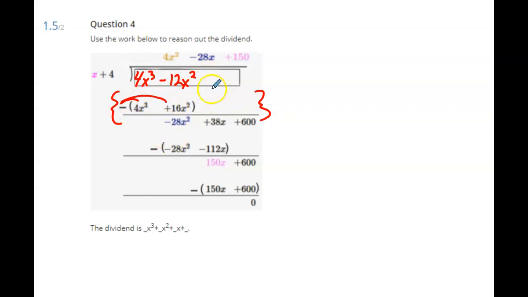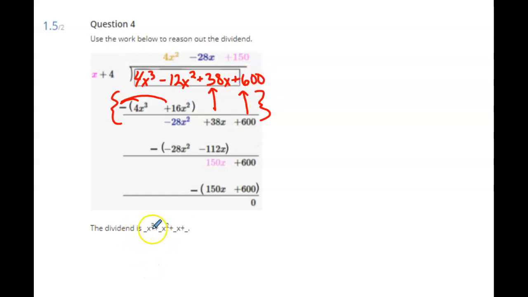Okay, then the third term, the linear term, that was dropped down from above in the dividend, and so that makes a positive 38x as our third term, and then similarly the constant of 600 dropped down from the dividend.